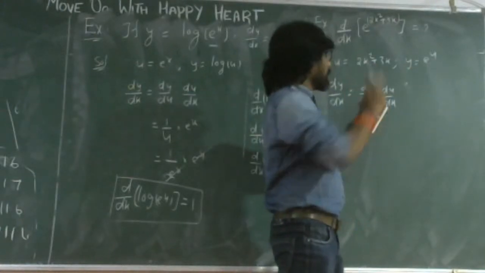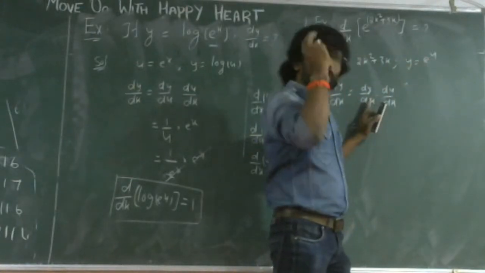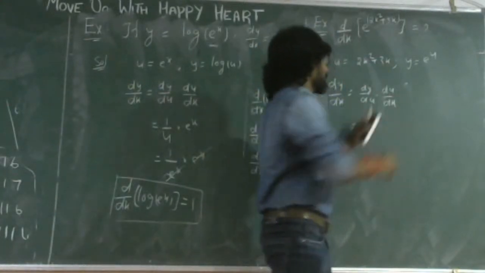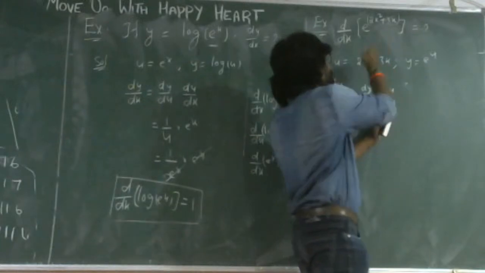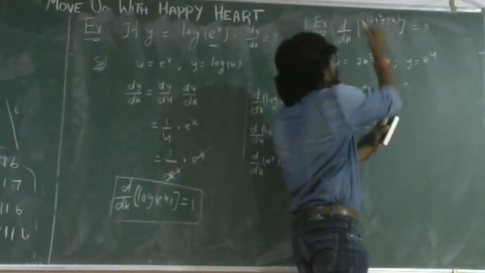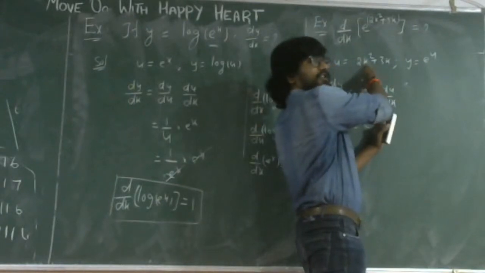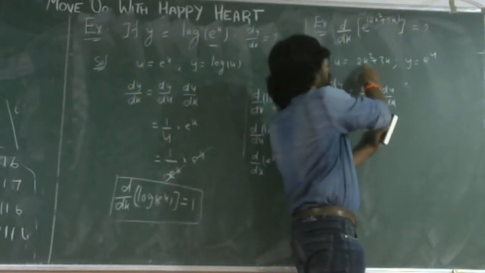The d by du of e power u is e power u only, into d by dx of u, which is d by dx of 2x square plus 3x. The 2 stays, and x square differentiation is 2x. So 2 into 2, 4x.